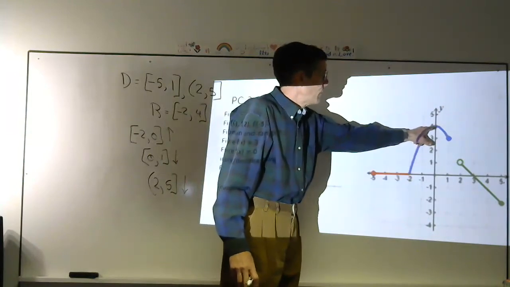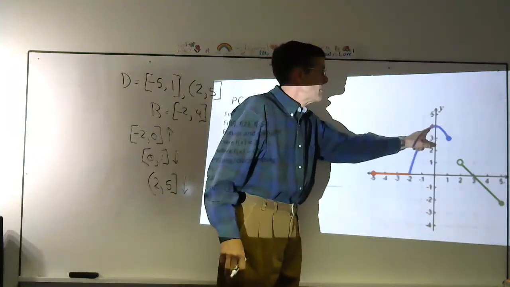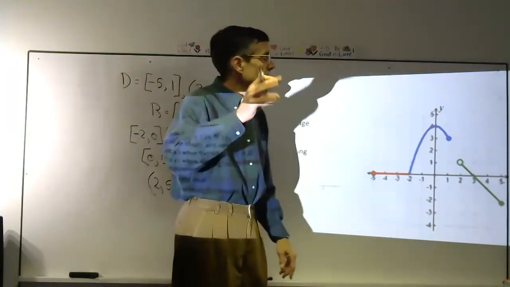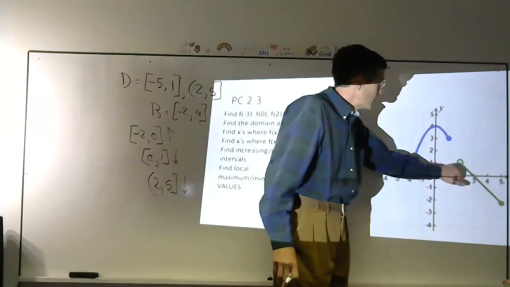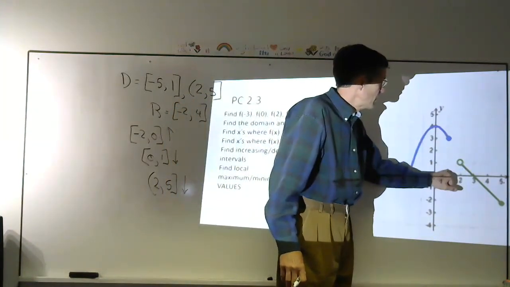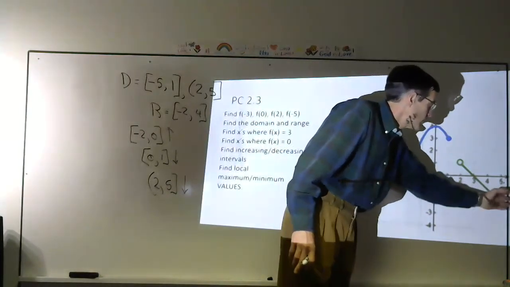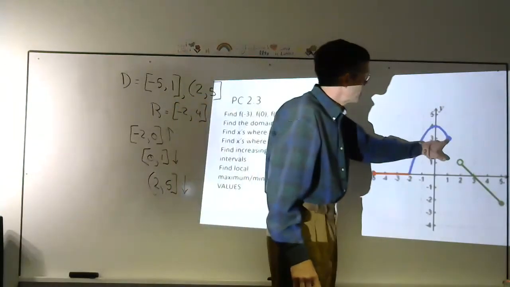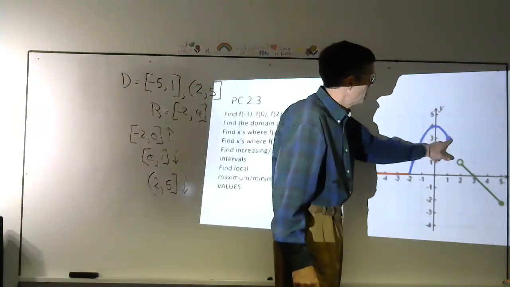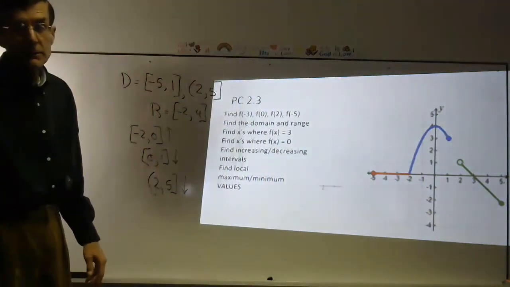This one, 4, the value. 4 is a local max because it's bigger than or equal to values on either side. This one you can't use because there's nothing right in here on this side. And this one you can't use because there's nothing to the left. Okay? And this one right here you can't use as a minimum because there's nothing to the right. Got it?